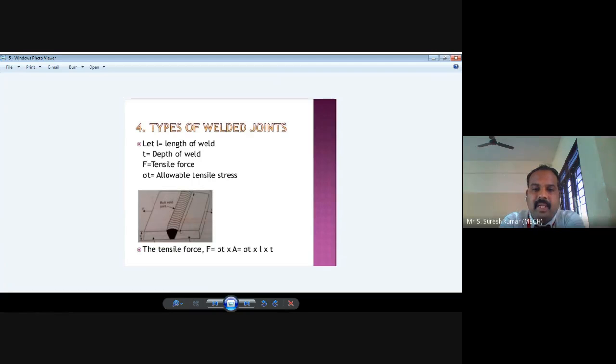The adjacent edges are joined by a fillet weld. The last type is the edge joint. For plates of thickness less than 6 mm, the ends of the overlapping plates can be directly welded at the edges, which is called an edge joint.